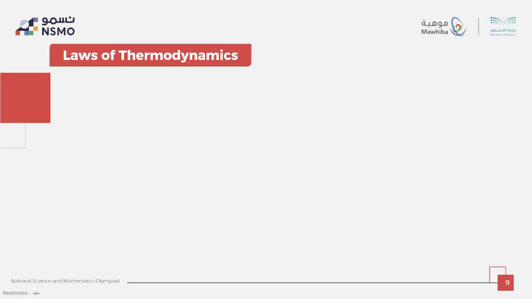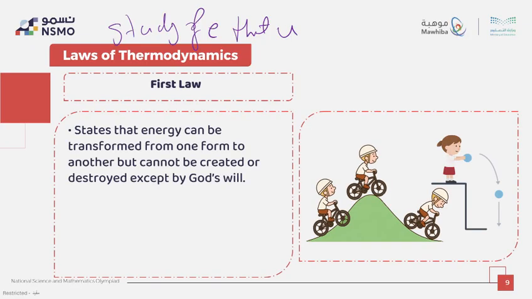All that is because of something called thermodynamics. Thermodynamics is the study of energy that flows in the universe. And to know thermodynamics very well, we have to study its laws. Let's study the first law.